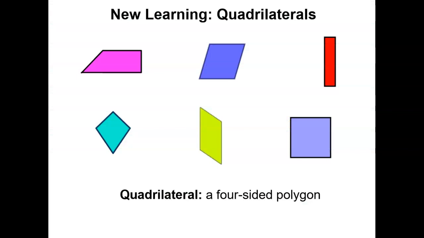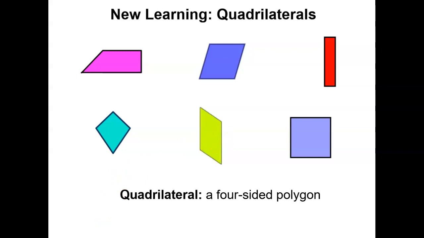Okay, third grade friends. Today we are learning all about quadrilaterals, and you're going to need to be able to look at a shape and say, is this shape a quadrilateral or is it not a quadrilateral? So we know a quadrilateral is just any four-sided polygon. These shapes are all quadrilaterals.